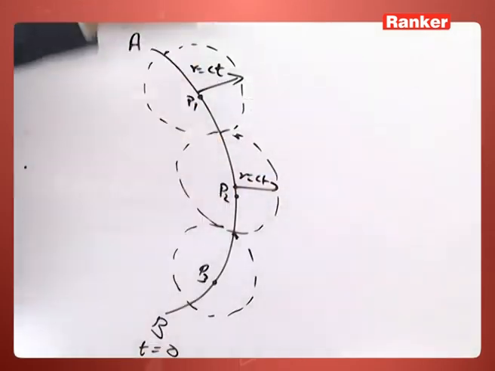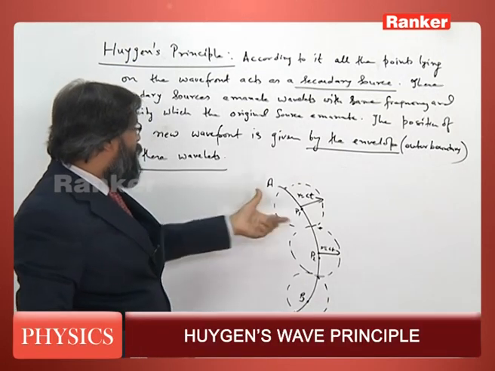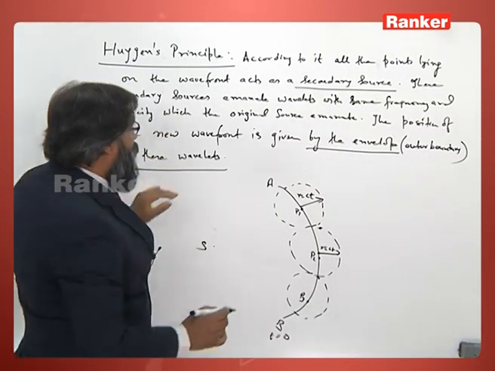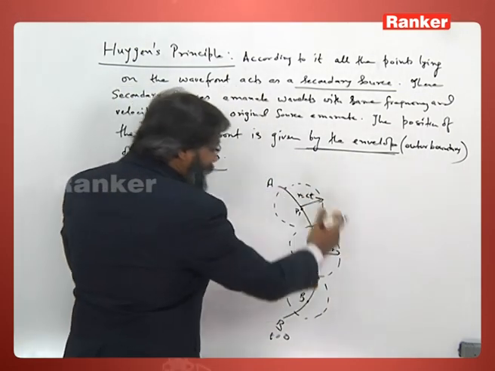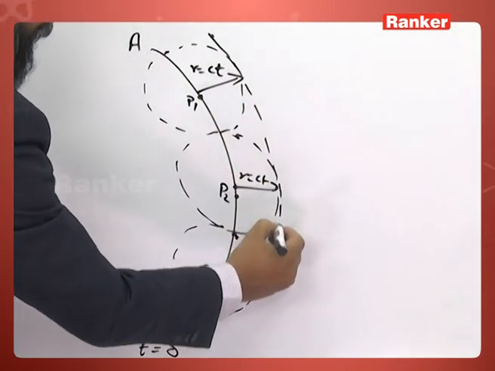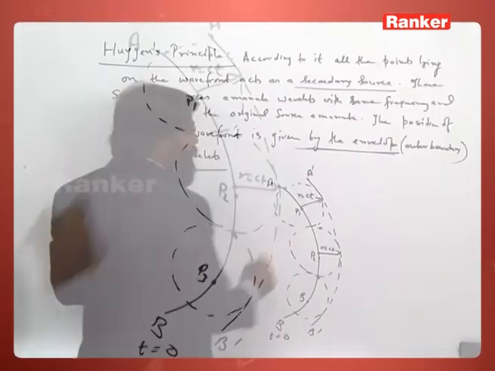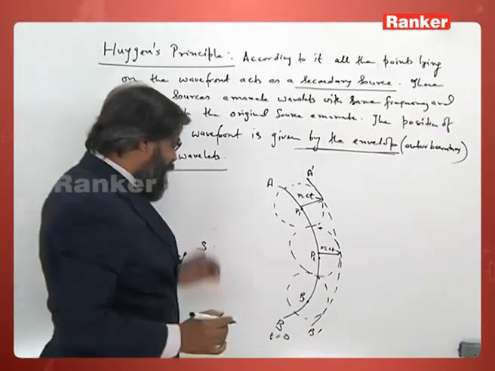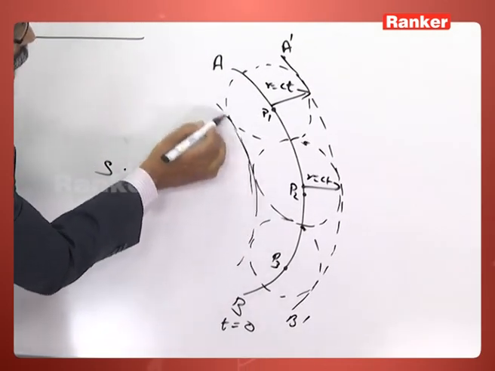So, these are the wavelets, they have the same frequency and the same velocity as this wave, and the position of the new wavefront is given by the envelope. Envelope is the outer boundary. So, this is the outer boundary, this is B dash and A dash is the outer boundary. You can see that there is one more boundary possible.